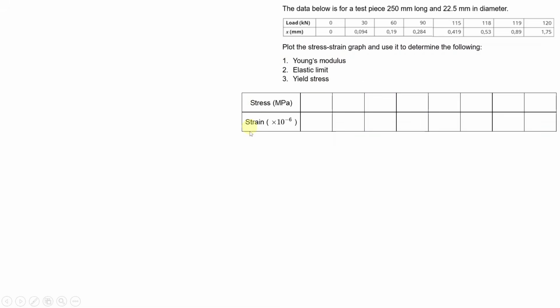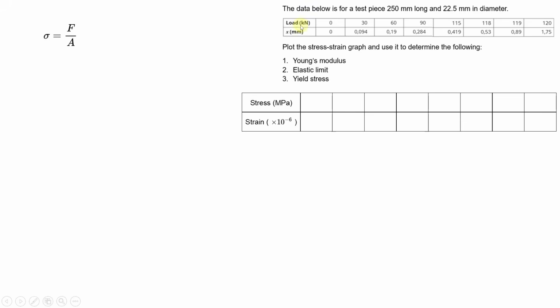So I already have my table here for stresses and strains, and now let us go ahead and find these values. What do we know about the stress? We know that the stress is equal to the force divided by the cross-section area.